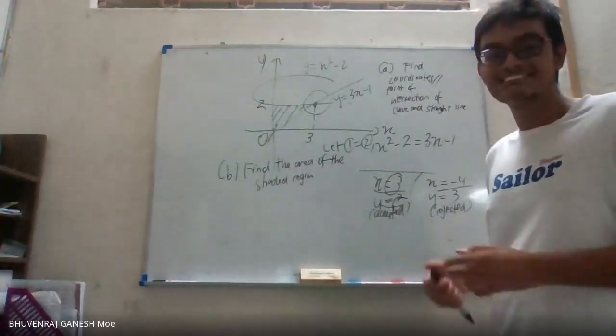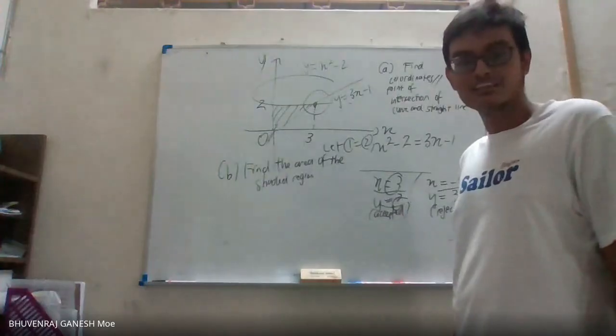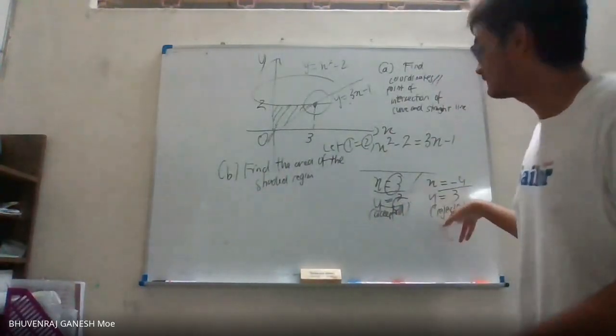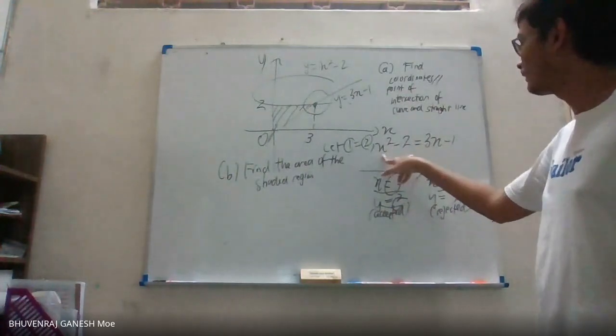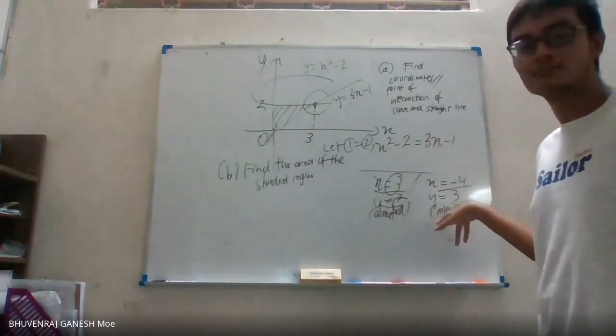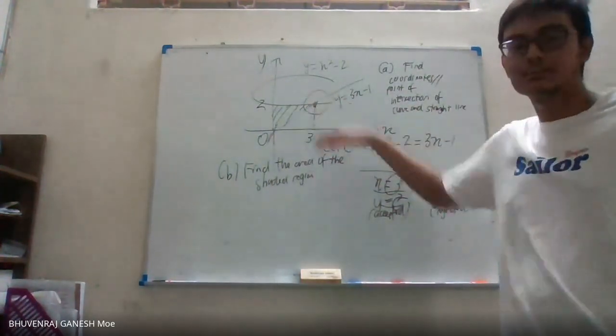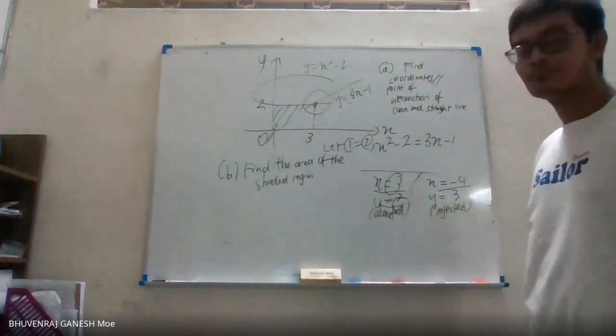That's why I told you it's a random question. But in SPM it's the same thing, there's only one intersection. Some questions are like that. You have to think logically and reject this value because in the quadratic equation sense, you will get two values, but not based on this diagram. So you have to reject one based on the diagram.